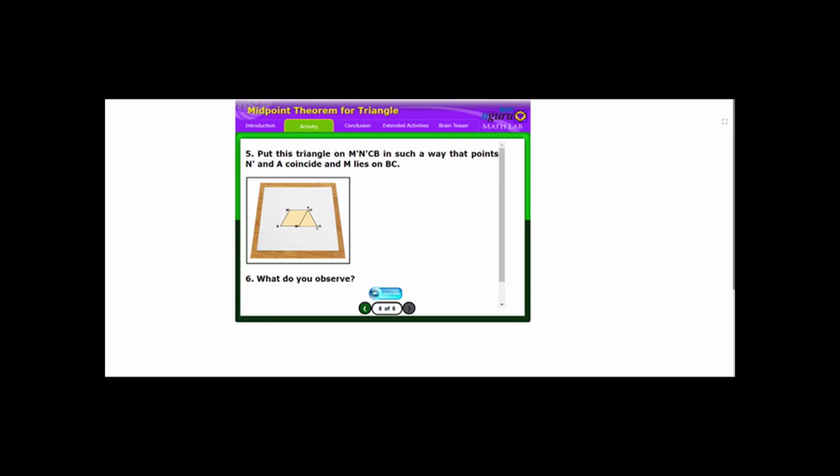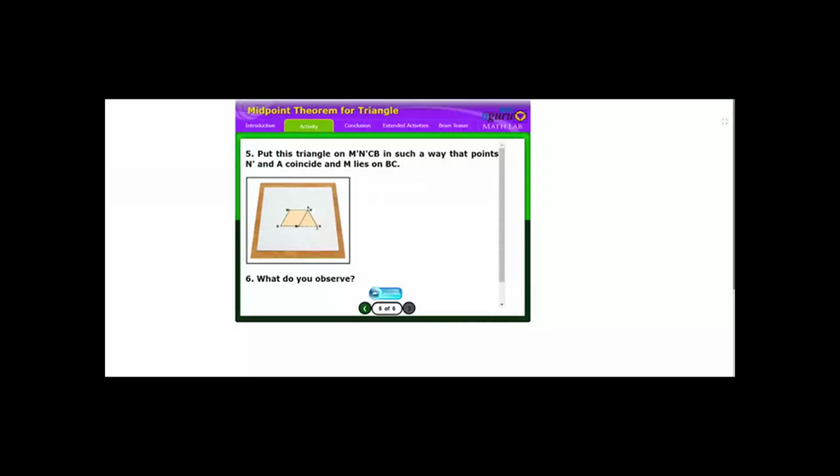What do you observe? You are having a triangle. You cut the triangle. Down there is one trapezium. Up there is one triangle. Now that triangle you are keeping like this.